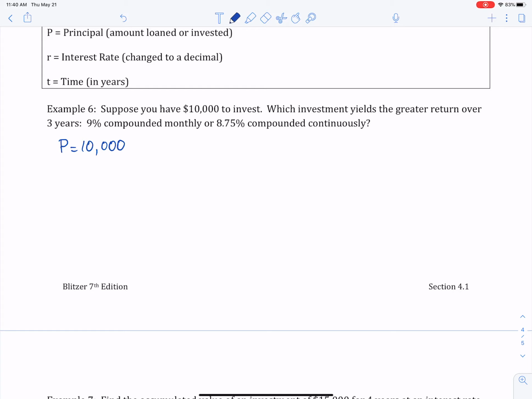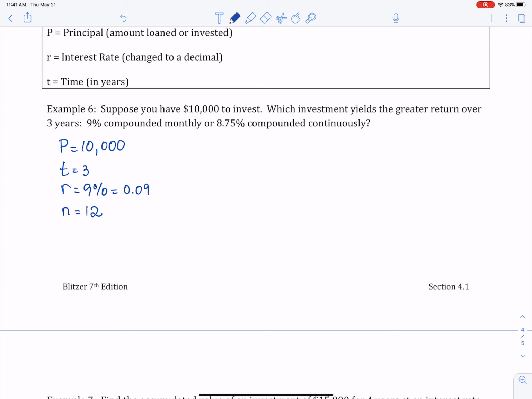In the first case, the return is over 3 years, that means the time is 3 years. 9% means the rate is equal to 9%, and we want to write this in decimal, so 0.09. Monthly means that every month, or 12 times per year.